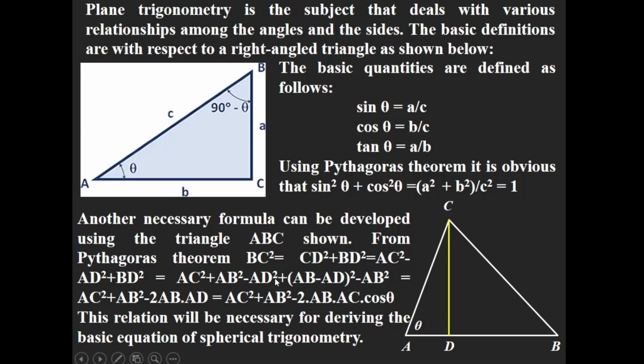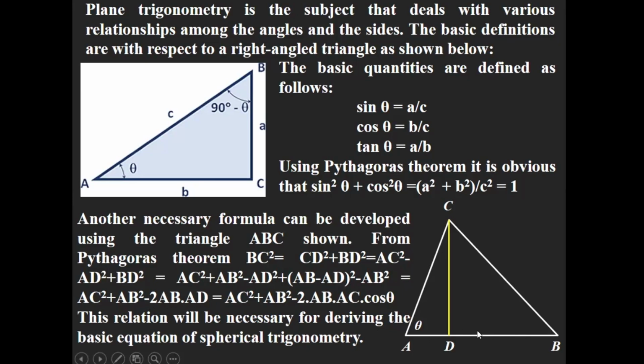Now, you can see that BD is nothing but AB minus AD. So, if you use that AB minus AD and all these things, then just by algebraic manipulation, the whole thing becomes AC square plus AB square minus 2AB into AD.